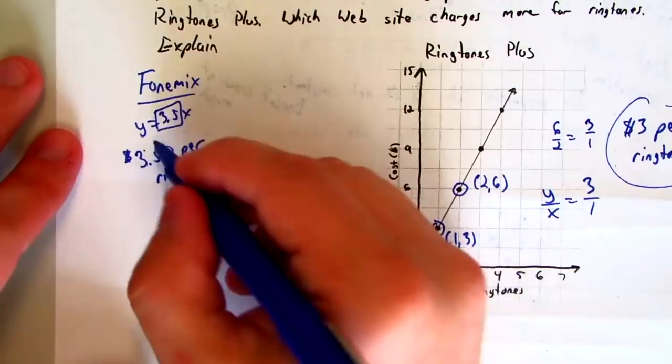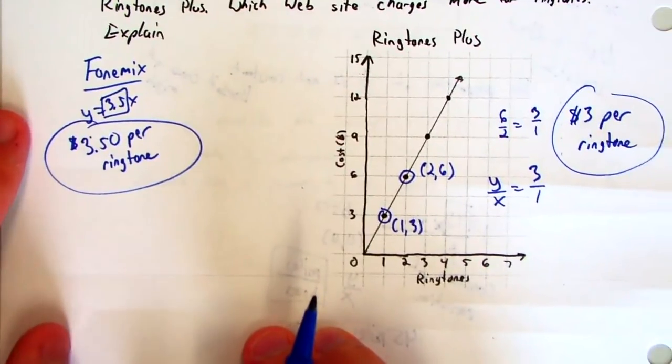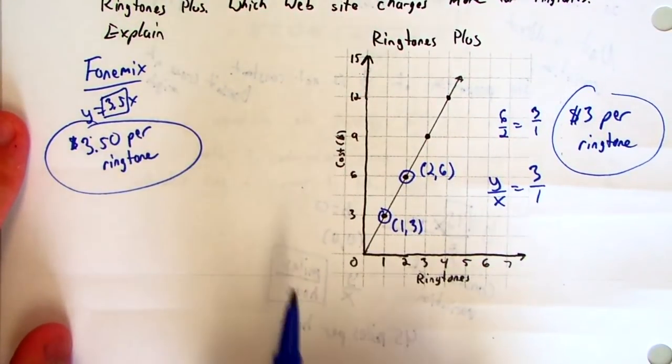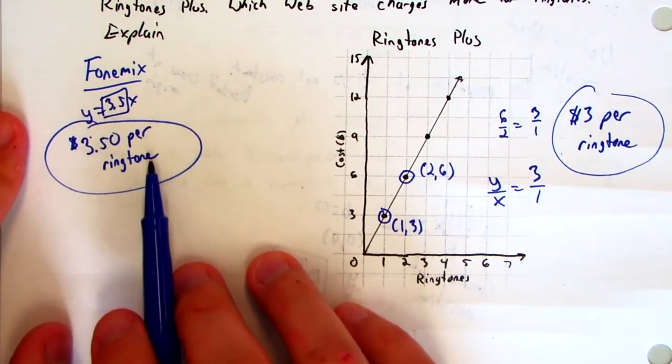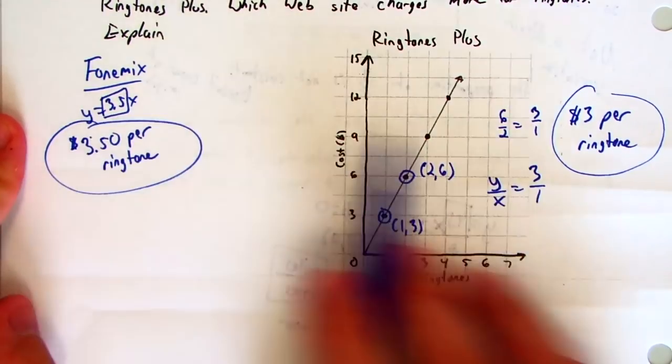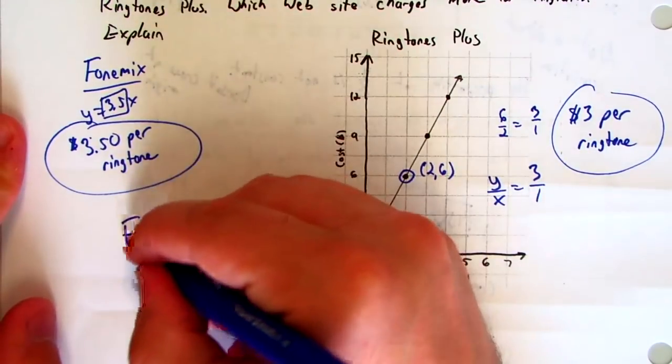So now I have this one from Ringtones Plus and this one from PhoneMix. So it's pretty clear to see that PhoneMix charges more for ringtones because $3.50 per ringtone is more than $3 per ringtone.